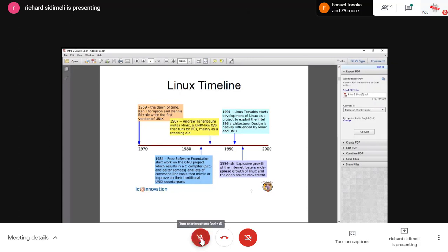Timeline. Linux was started by a loner called Linus Torvalds. This young man was given something to do, and this was back in 1971 or 1970. And then other gurus like Andrew Tannenbaum and others joined in around 1987.